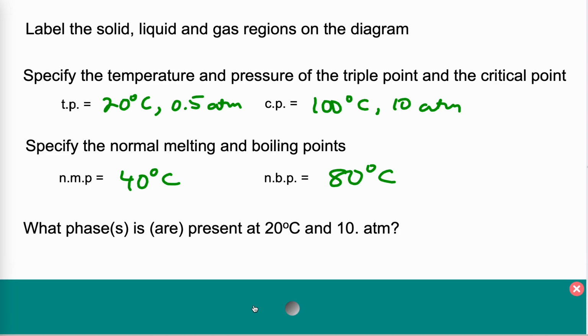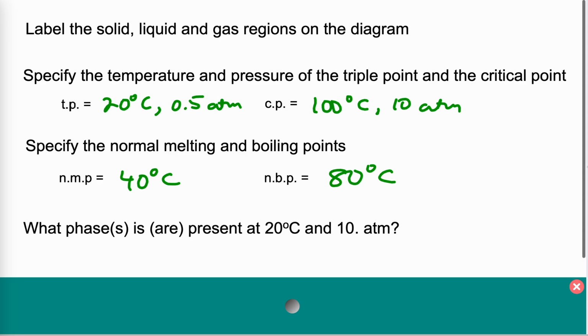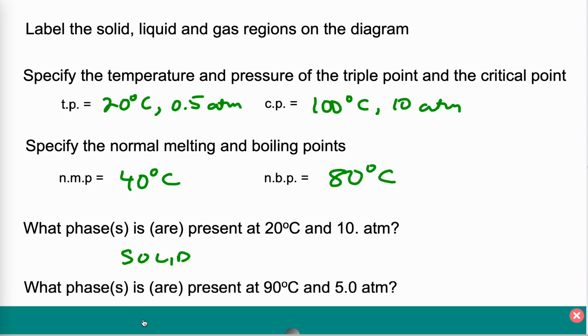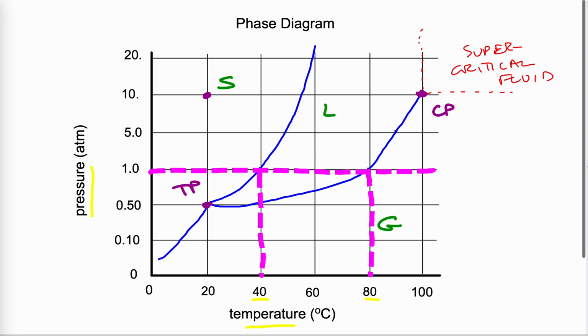What phases are present at 20 degrees Celsius and 10 atmospheres? Well, I simply go back to the diagram and find a temperature of 20 degrees Celsius and a pressure of 10 atmospheres. It's right there. And I see that we are in the solid phase. What phases are present at a temperature of 90 degrees Celsius and a pressure of 5 atmospheres?